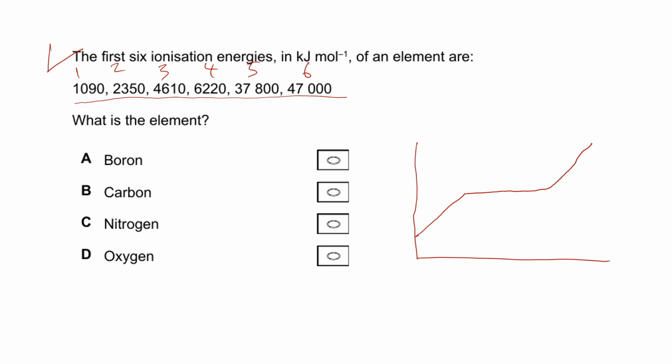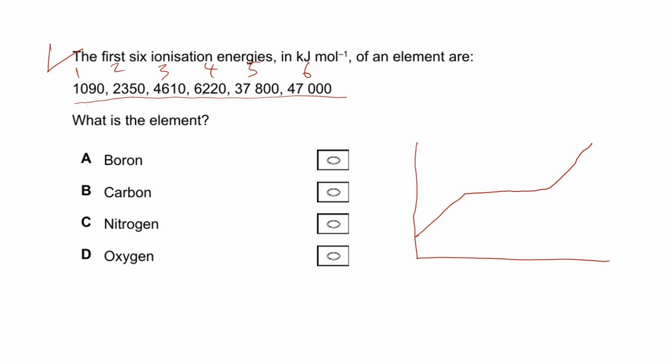Now if you look at 1, 2, 3, and 4, they're basically within the same range. The difference is not very significant, like just 1,000, 2,000, 4,000, 6,000 plus, right? Now from 5, look at the value of 5. You have 37,800, and for 6 you have 47,000, right?